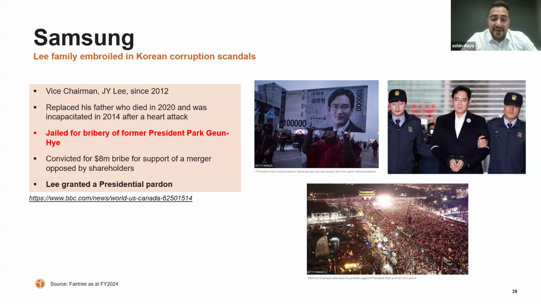They've been embroiled in various scandals over time. The chairman was jailed in 2021 for bribery of a former president, was convicted of a bribe, and was then subsequently given a presidential pardon.